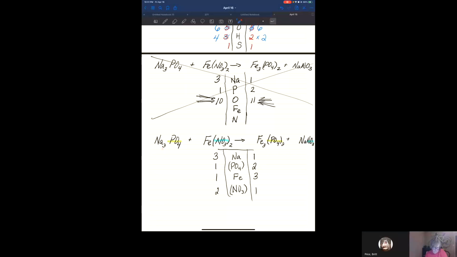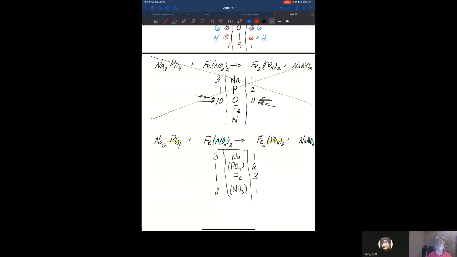There I've got a 3, but that's a 1. I've got one iron there, one Na and one NO3. So start with the largest subscripts. That's the piece with the most craziness going on, I guess.